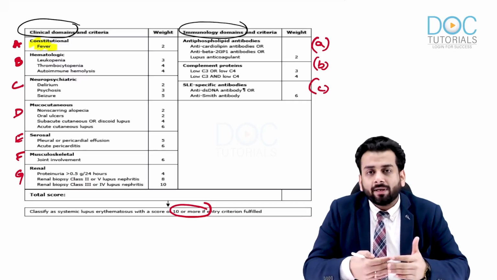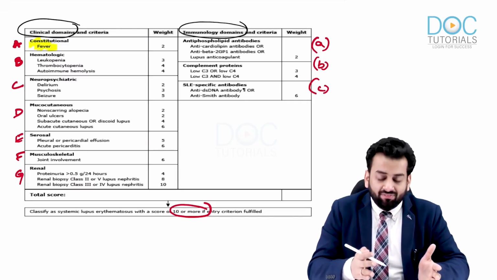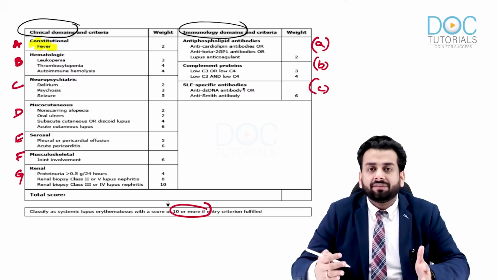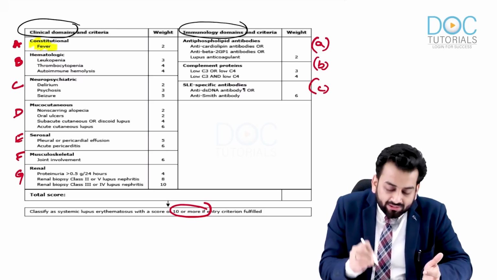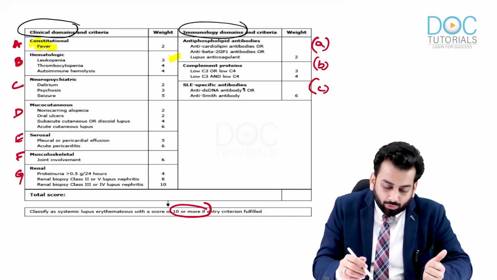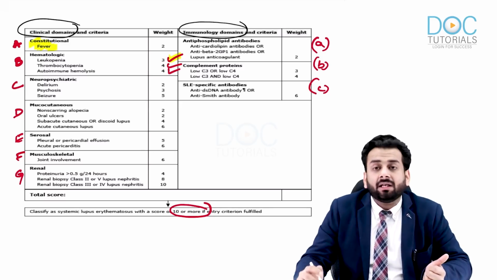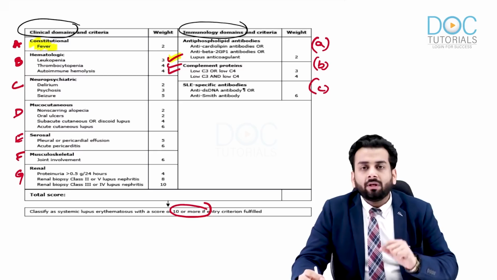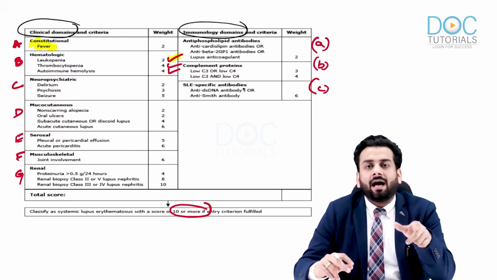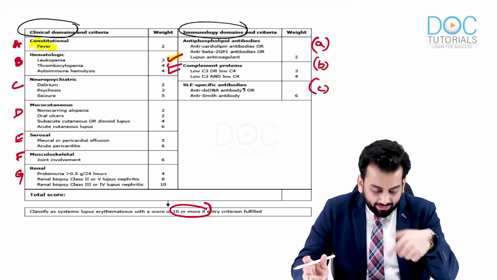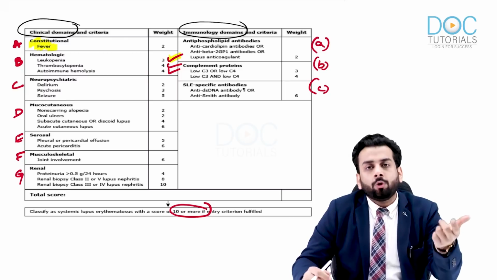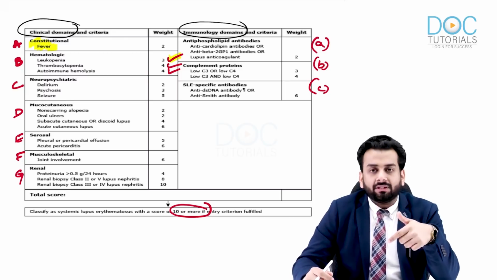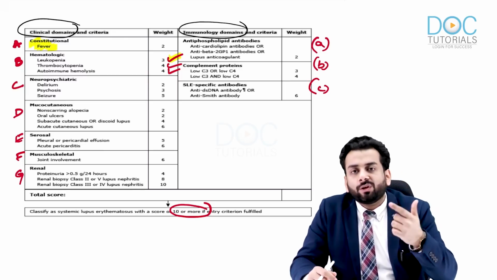Then the sub points under each domain have been given weightage, have been given points. Like leukopenia has 3 points, thrombocytopenia has 4 points, and autoimmune hemolytic anemia has 4 points. You will only take that point which has the highest weightage in that domain. For example, if a patient has both leukopenia and thrombocytopenia, you cannot count it as 3 plus 4 equal to 7.